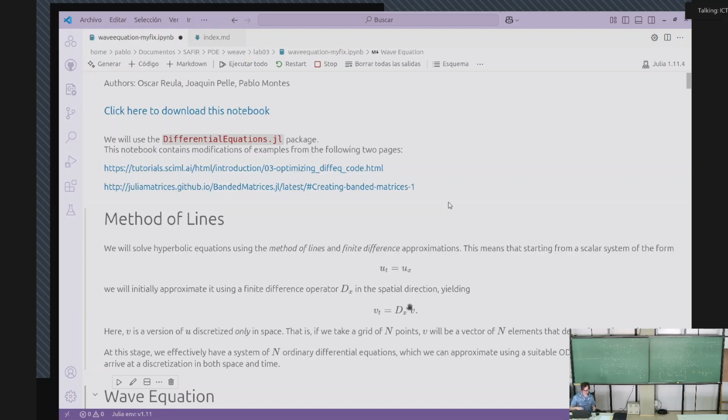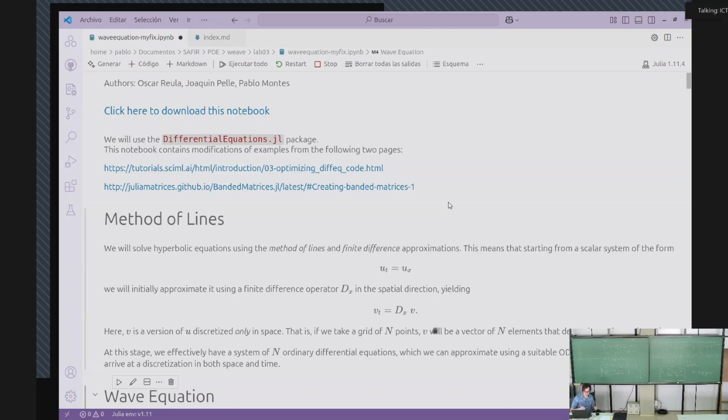Later on, when we want to integrate this equation in time, we can use the methods that we used for ordinary differential equations, right? We can use the Runge-Kutta method, whatever is appropriate for our problem. Generally, in this notebook, we will use Runge-Kutta 4.